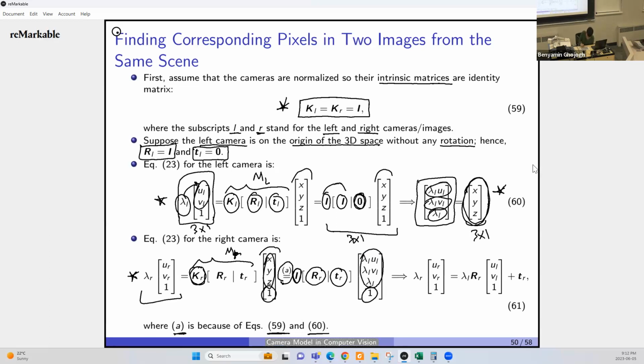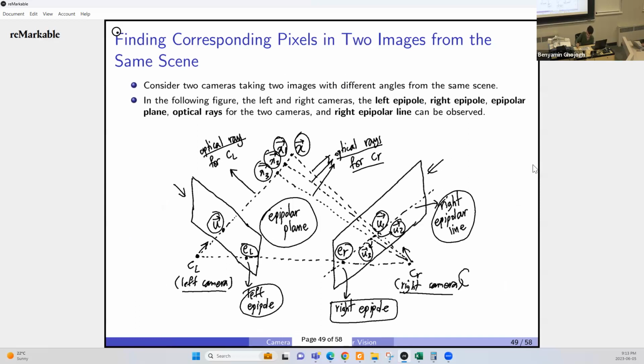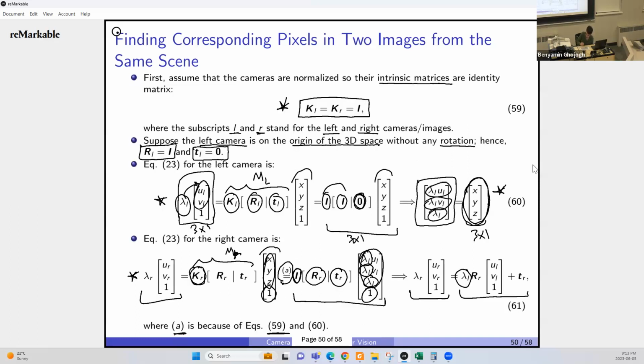So this left-hand side, correct? I can write the whole thing in this way. They are equal. If you don't believe me, multiply the matrices and you'll see they're the same. So we have lambda L, which comes from here. I'm factoring out lambda L. I have RR here, and these are UL, VL, and 1.